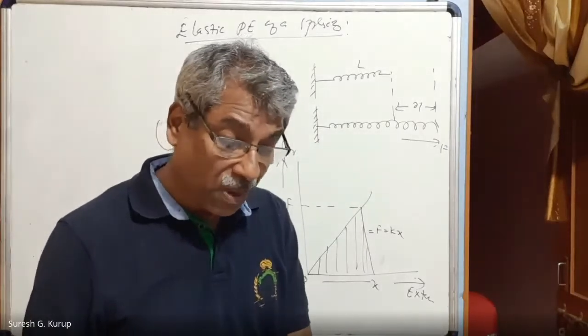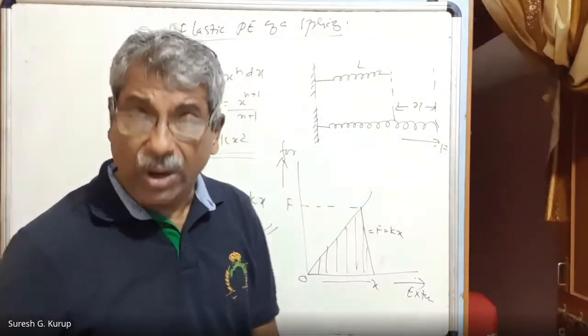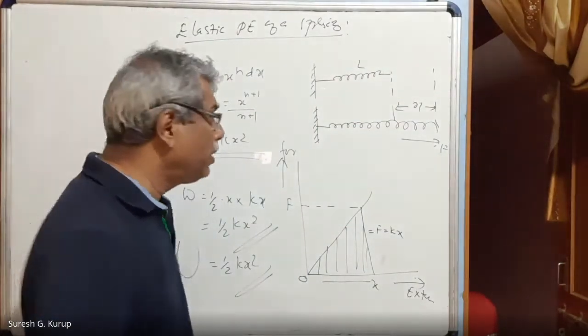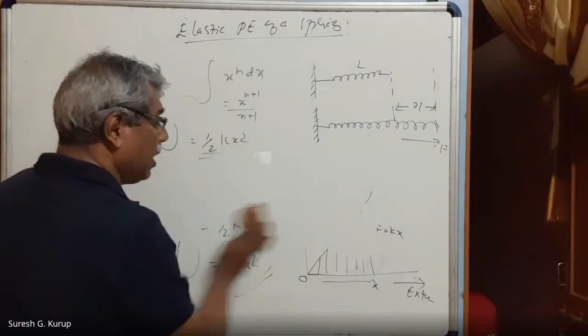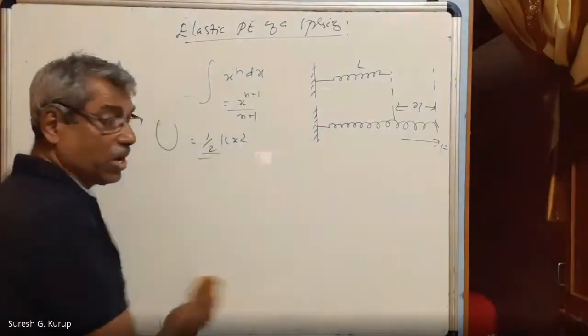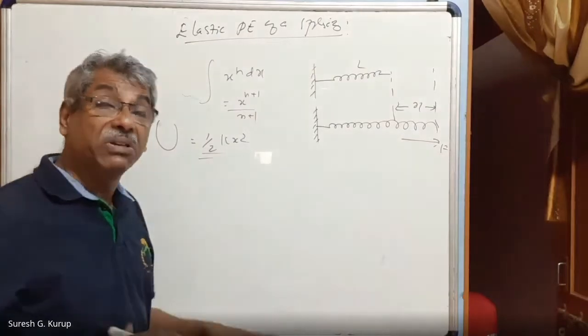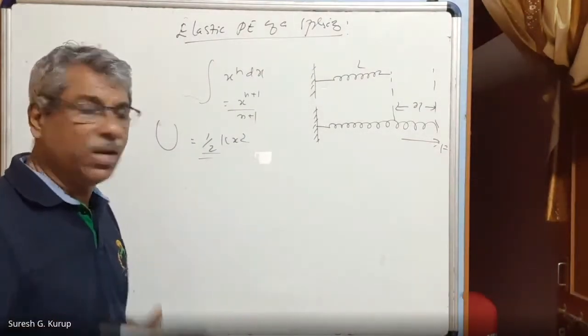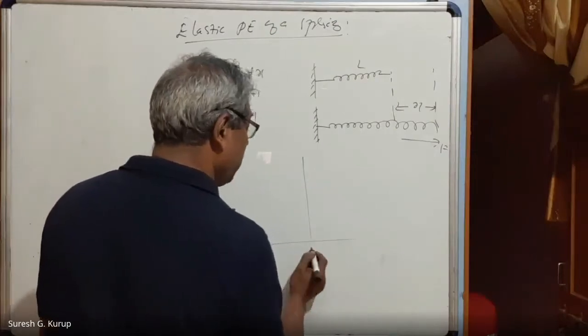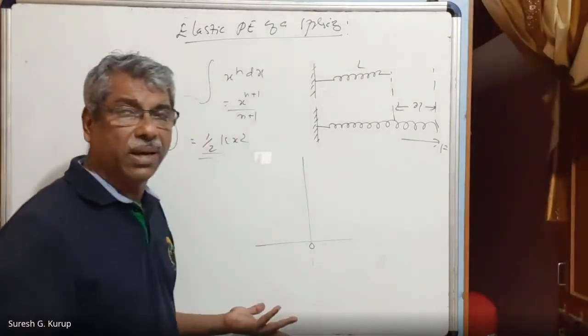So if you draw a graph between the potential energy stored in the spring and the extension produced, at different values of extension, what is the potential energy? This is what is called the equilibrium position, when no force is applied.